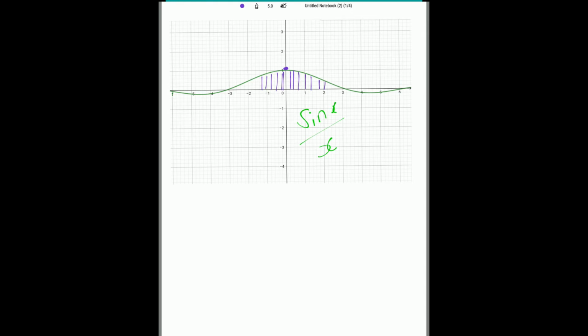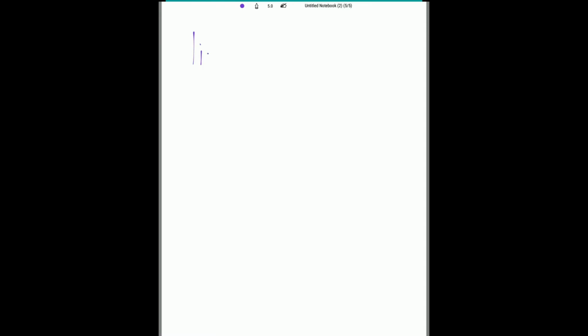And so for that reason, we can say that in truth and in fact, the limit of sin θ over θ as x approaches 0 is equal to 1.